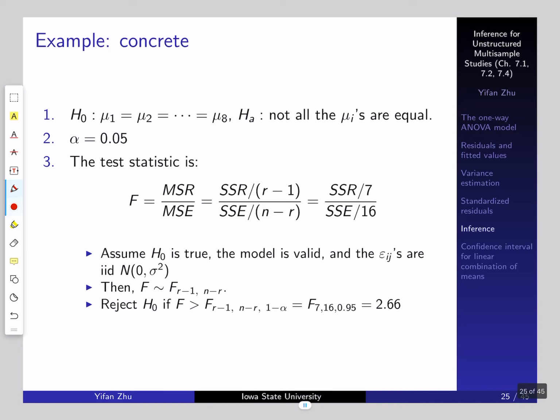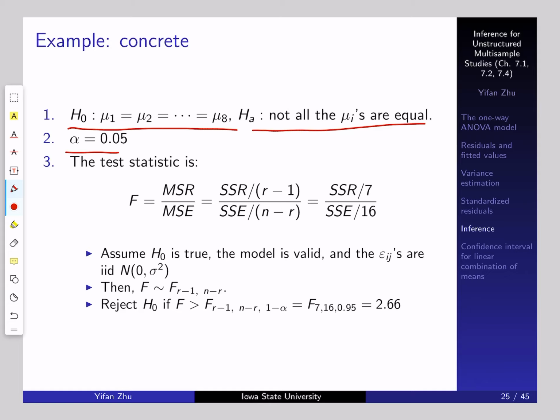Okay, so in a concrete example, we want to test if the compressive strengths of these 8 different formulas are the same. The null hypothesis is that they are all the same, and the alternative is that not all are equal. We are doing the test at significance level alpha equals 0.05.